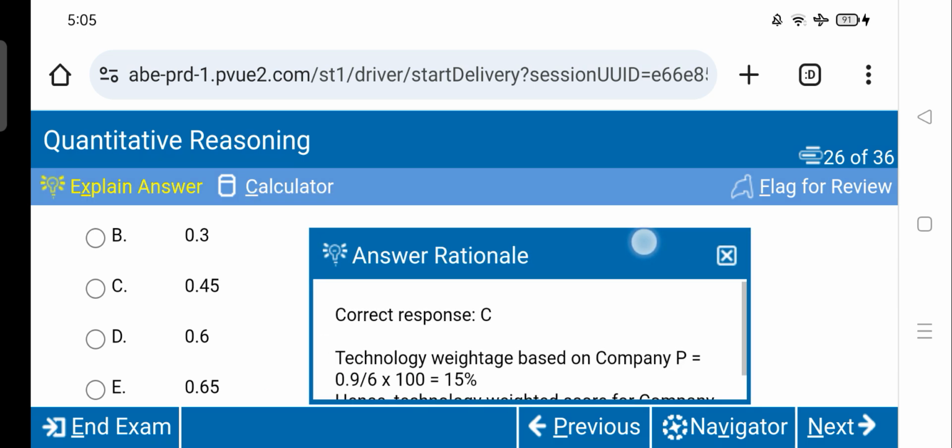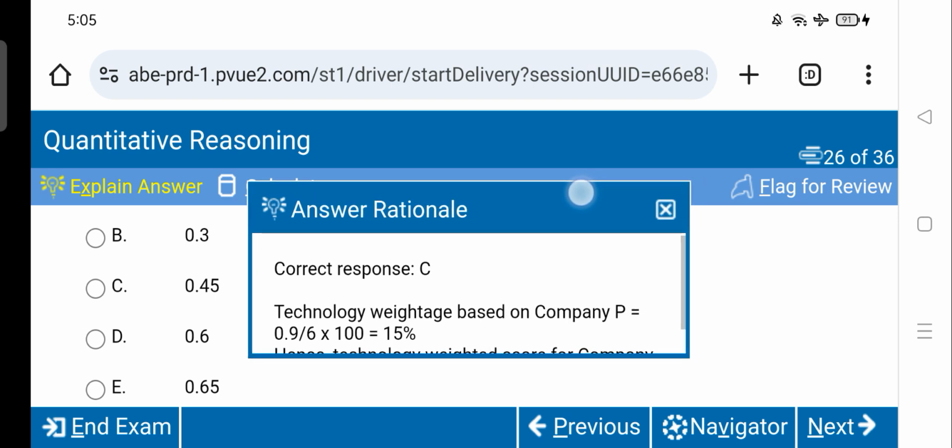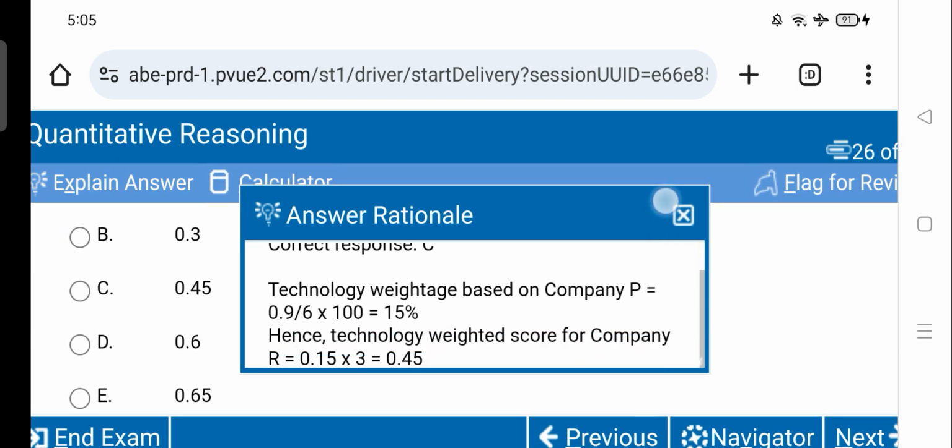So the correct response is option C, as the technology weightage based on company P equals 0.9 by 6 multiplied by 100 equals 15%.